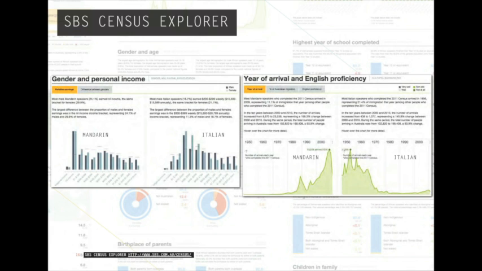Again, the year of arrival here paints a really clear picture that there's a peak in Mandarin-speaking migrants after the 2000s, and the post-war 1950, 1960 peak of the Italian migrants on the right-hand side.